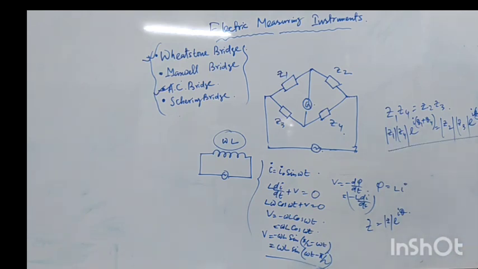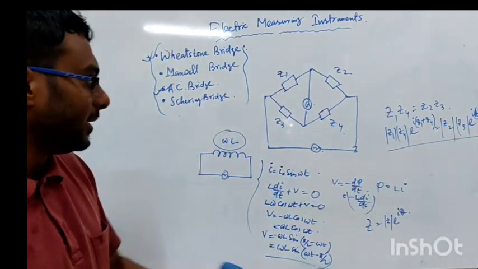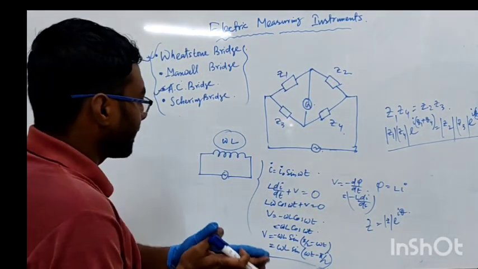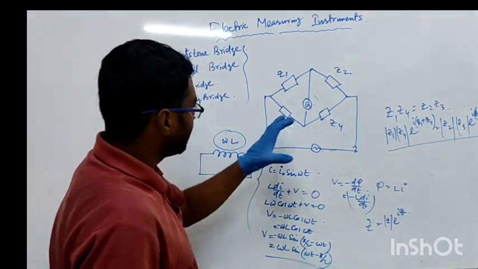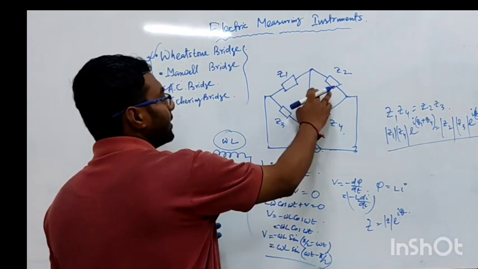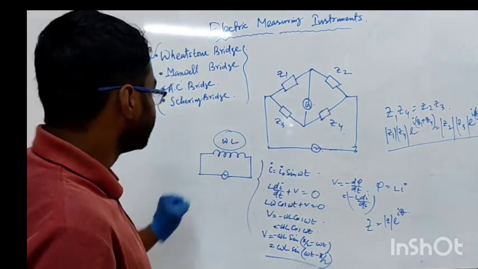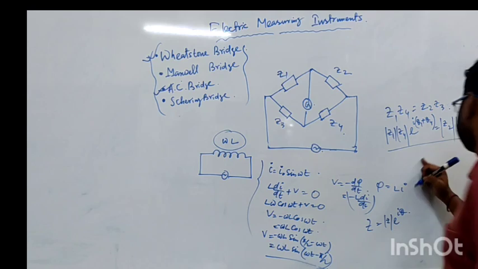So to maintain this, as we know there are two unknown parameters, if we want to get the null condition of this AC circuit, we have to make two conditions.